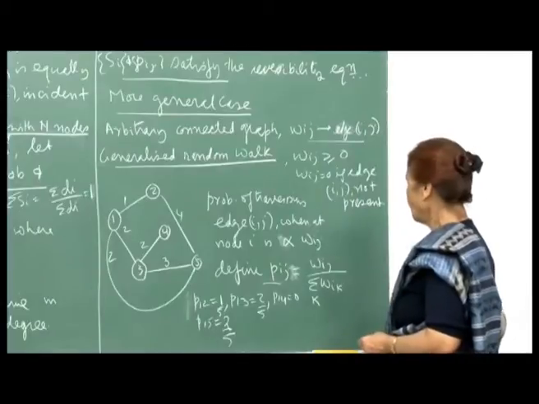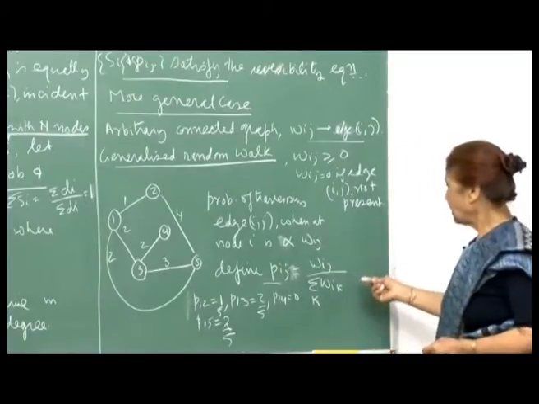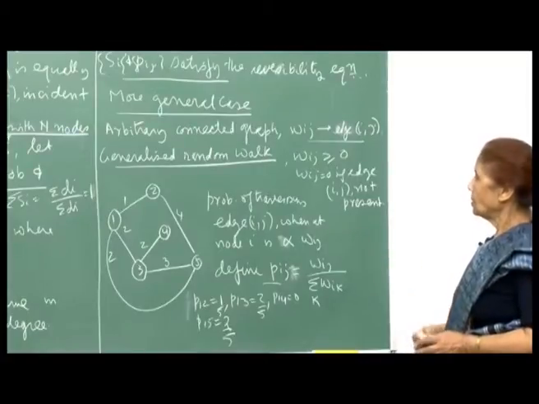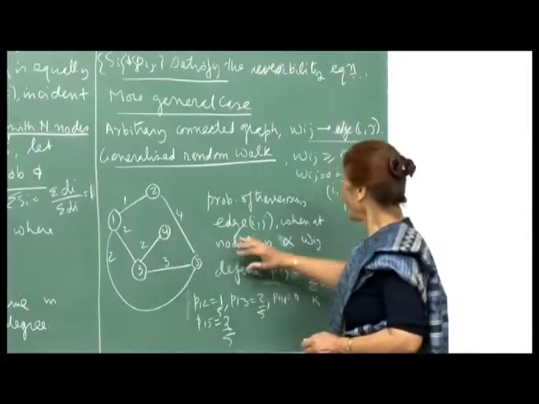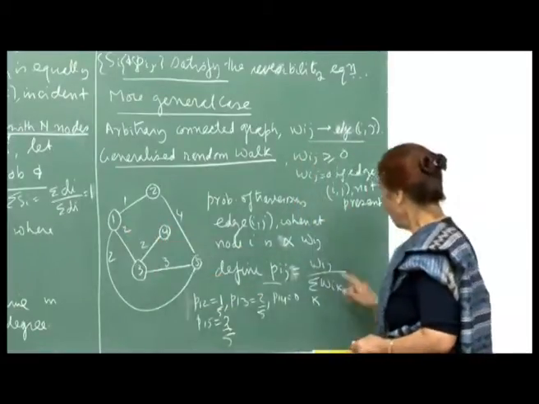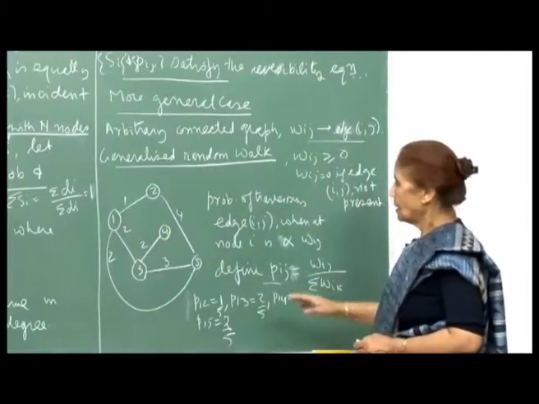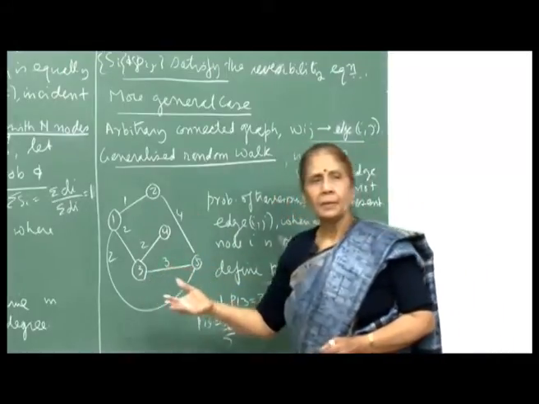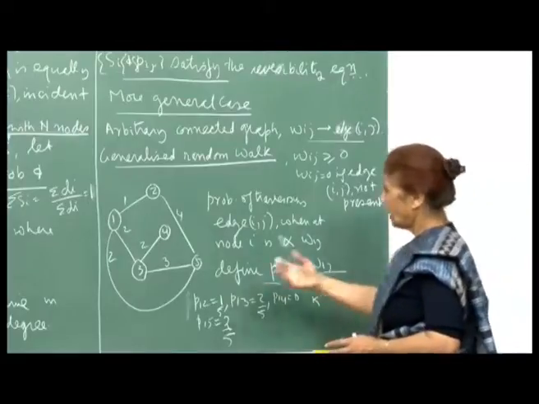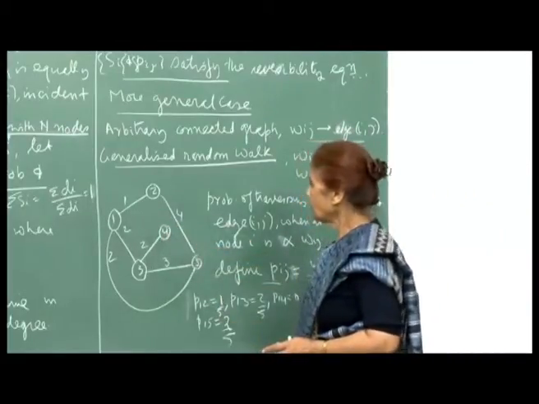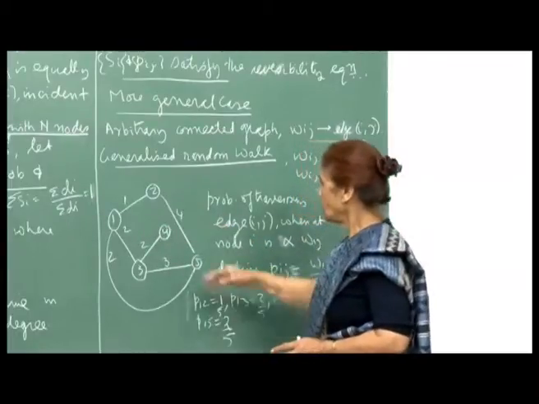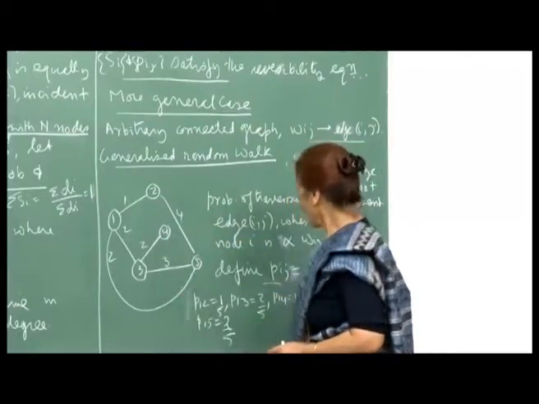Now we have to define the state probabilities. In the generalized random walk, the probabilities of traversing an edge when you are at a particular node will be given by this, and therefore this is again a Markov process, where the nodes represent the states, and the edges give you the states to which you can transition.